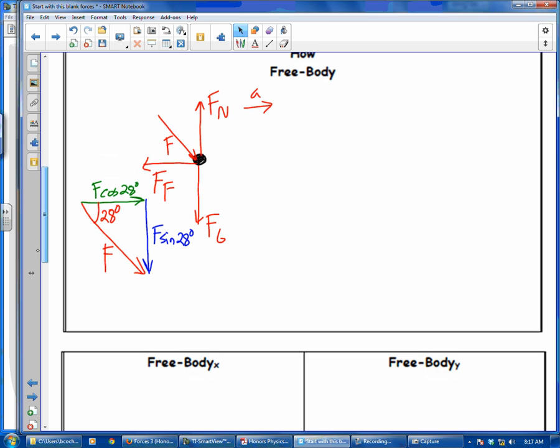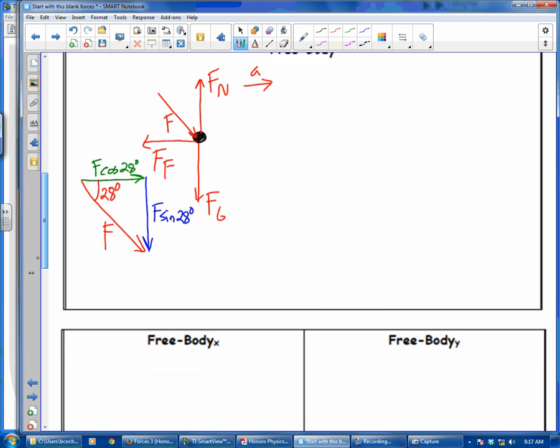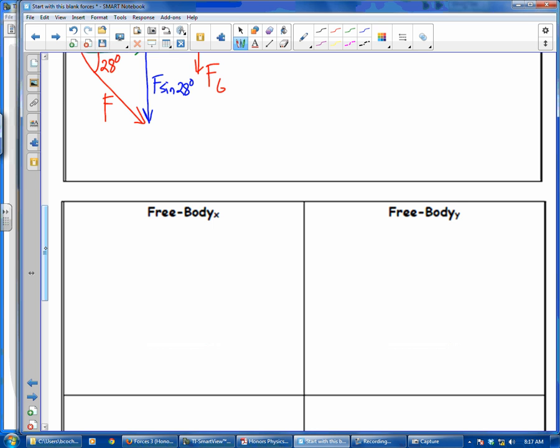So I'm going to do my free body over here, which will be, actually, you know what? I'm hopeful, so I'm going to do it over here. Just make that a Y instead. And I'm going to have F sub G down, force normal up, no acceleration up, and then I'll have the component of F down, so F sine 28 degrees.